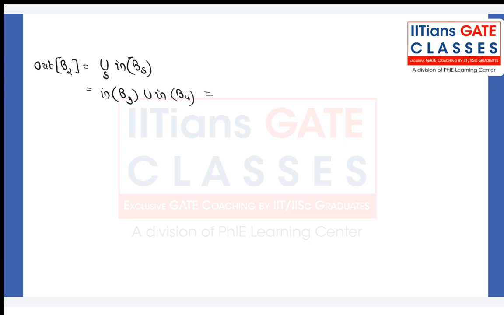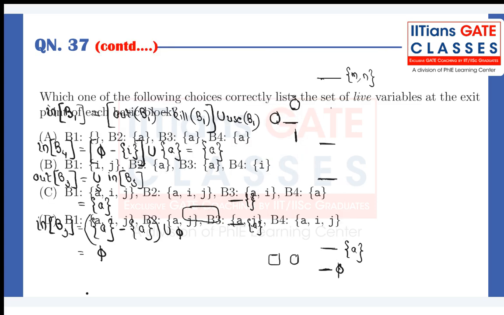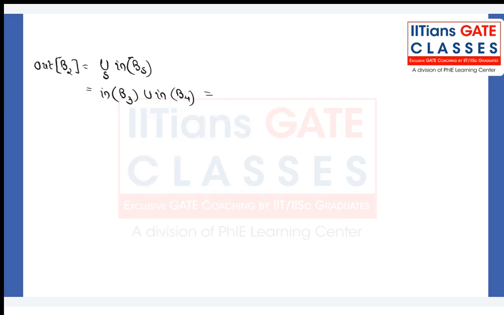So out of B2 is the union of in of B3 and in of B4. So this is nothing but A. And in of B2 is nothing but whatever is the out of B2, minus whatever you have killed in B2.